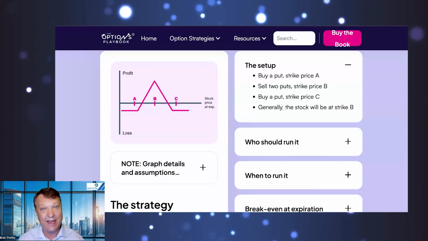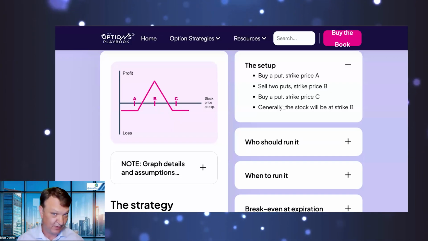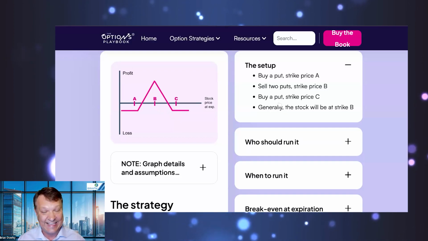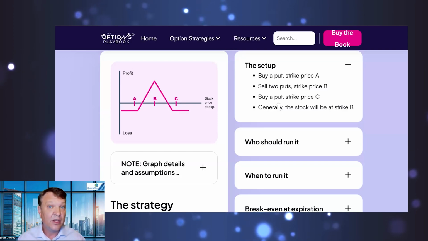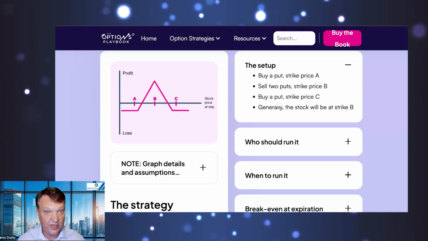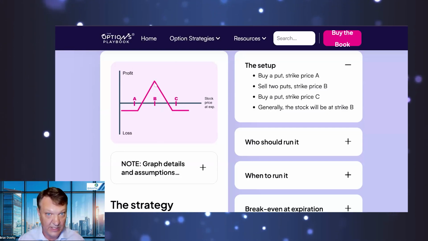You have to buy those back. Would you like to pay the maximum premium you just put the trade on, or would you rather do it closer to expiration? And the answer is closer to expiration. So you cannot max out on your butterfly until you get some time decay on strike B.